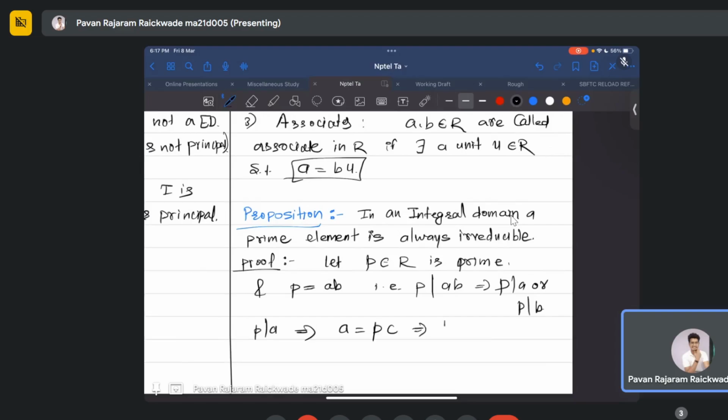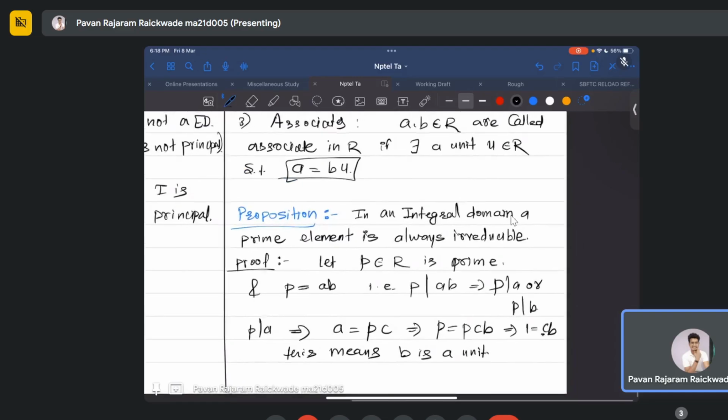But this will imply P equals P times CB. But you are in an integral domain, right? So there is a cancellation. It implies 1 equals CB. But what does this say? This means B is a unit, because you have a multiplicative inverse. There exists a non-zero element C such that BC is 1. So if P divides A, then B is a unit.